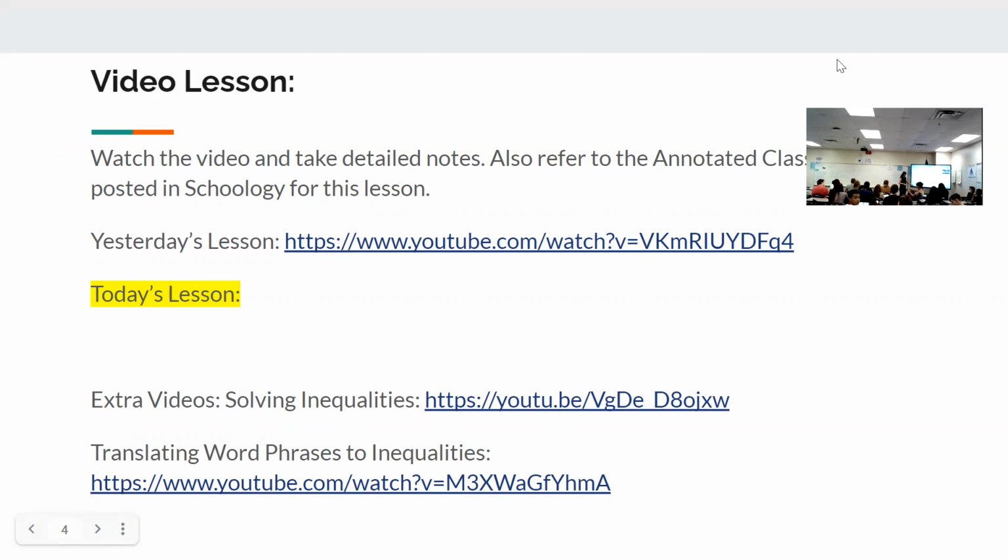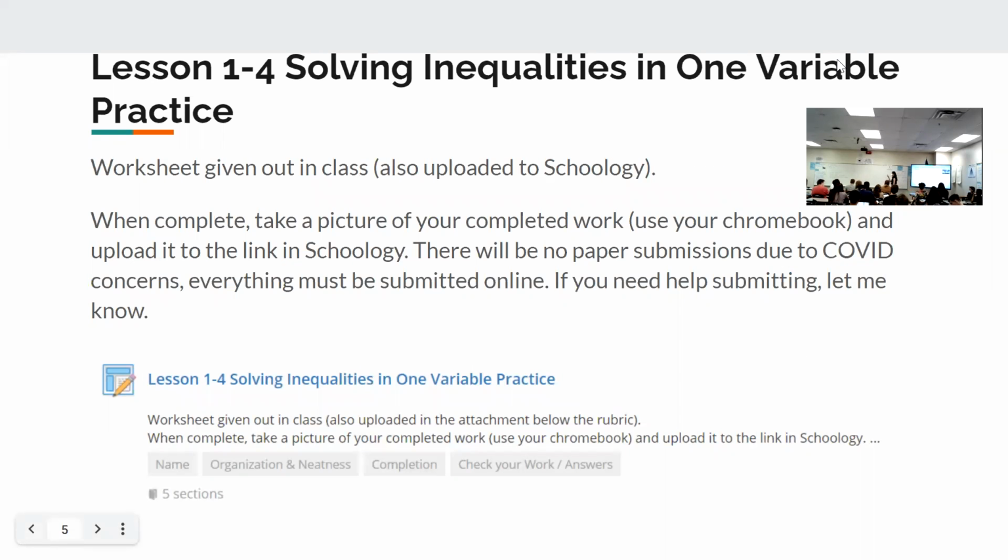Let's go into Schoology and click on whatever day you were absent, sorted by date. And yesterday you got the worksheet that goes with this lesson, the 1-4 practice. It's a worksheet, which is the first one of the semester. You'll have time today to work on it, and once you're finished, upload it into Schoology.